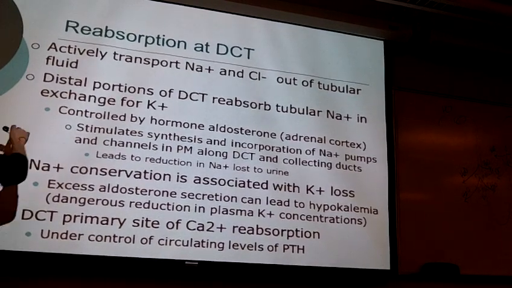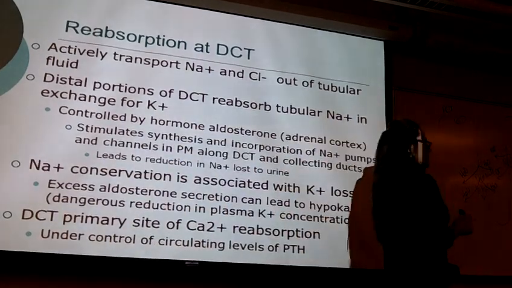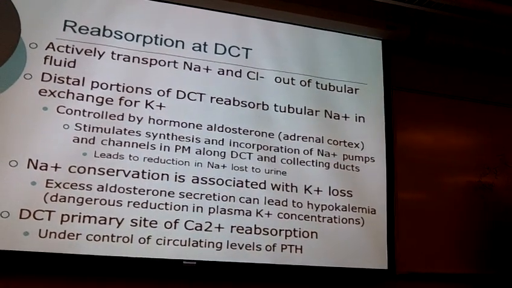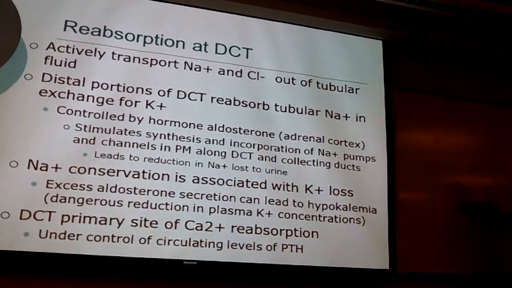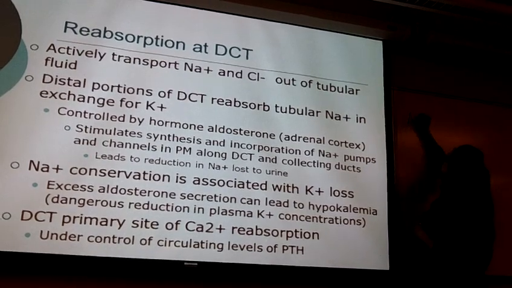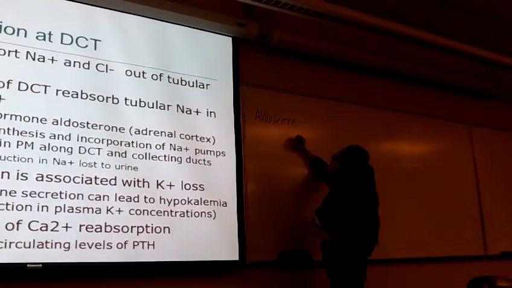Now, the way this works here is under the influence of aldosterone. So we just review these couple hormones I want you to be familiar with and what they do here, the DCT. So aldosterone. Remember, it comes from the adrenal cortex.